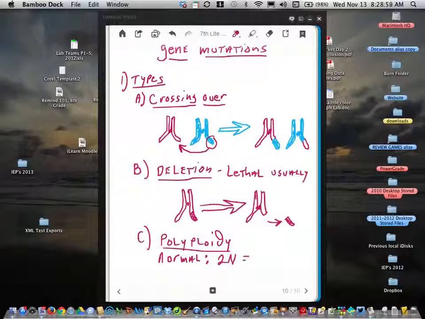That for humans, that means we have 46 chromosomes. And those 46 chromosomes divide into two sets of 23.